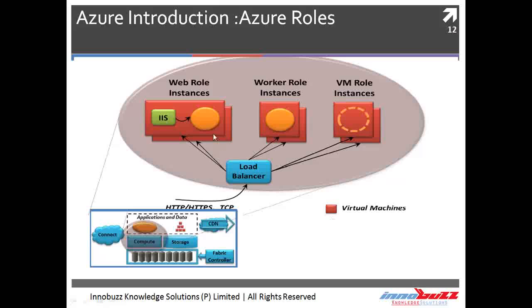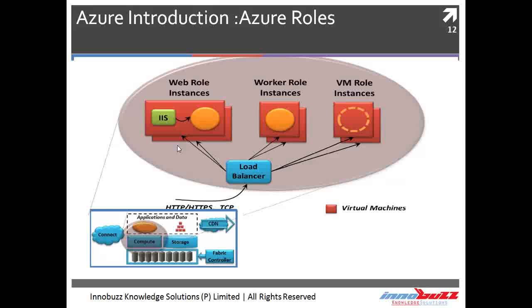Now look at the web role. You can see IIS. I think it should be something very familiar to you. Now what a web role is, and what does it mean for you? A web role is intended primarily to make it easier to create web-based applications.